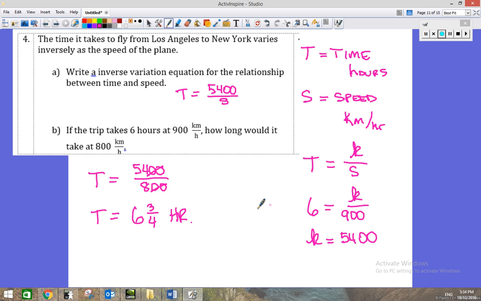So it's kind of what you would expect. When you're traveling faster, it was 6 hours. If you travel slower, it's going to take longer than 6 hours. 800 isn't all that much slower, so that's why it's tacked on almost an hour.